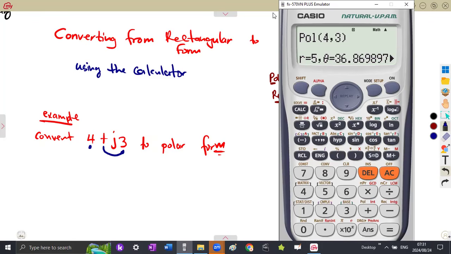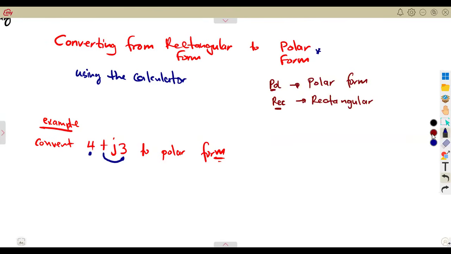So let's get back to our format so that we understand how the answer is going to be given. Remember, in polar form, our answer is written as r angle theta. You're going to notice that the calculator gives you the value of r and also the value of theta. You take those values as they are.